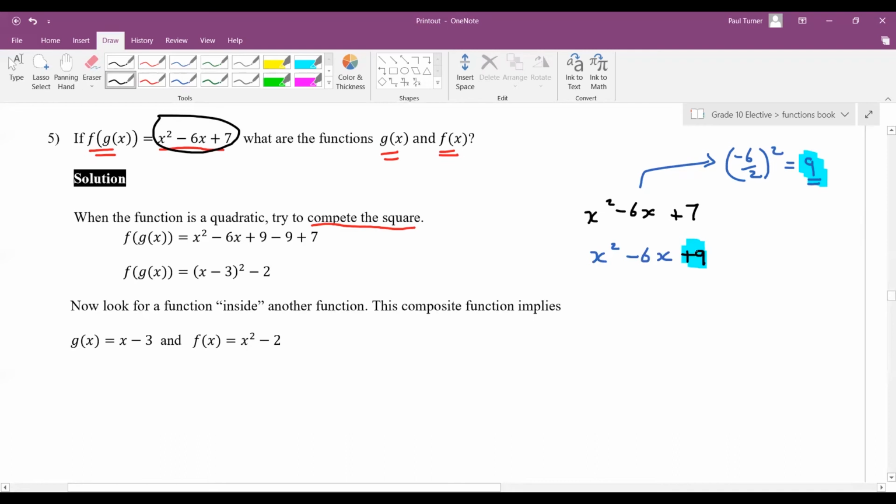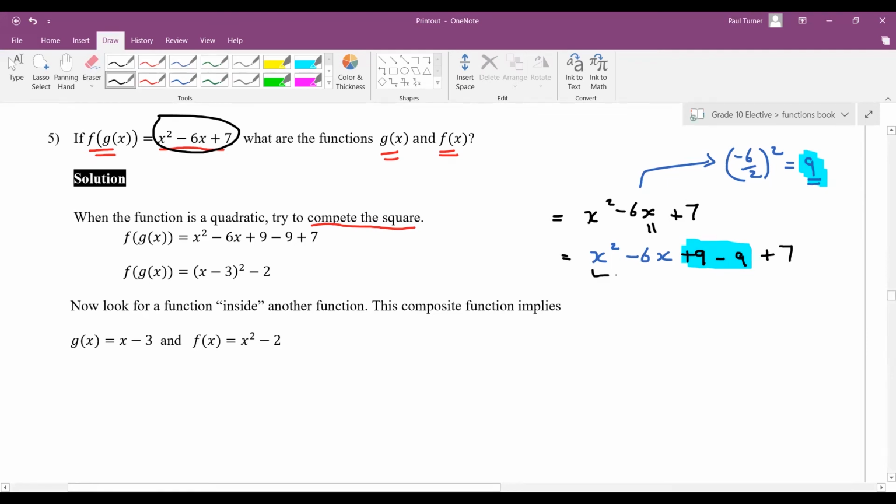But you're adding a new number into this expression, aren't you? So you've changed it. So you've got to go plus 9 minus 9. And then we add the 7 here. So when you add your special number, 9, make sure you subtract it as well. Otherwise, your equation changed. So these are still equal, aren't they? 9 minus 9 is 0, right?